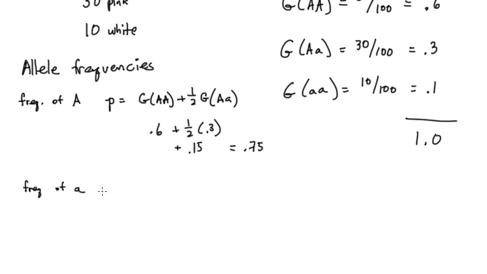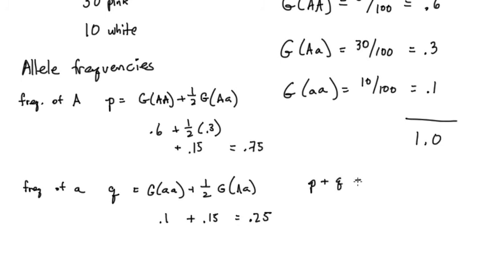The frequency of the little a allele will be represented by a lowercase q, and it's the genotype frequency of little a plus half of the genotype frequency of the heterozygotes. 0.1 plus 0.15, 0.25. So p is equal to 0.75 and q is equal to 0.25. Like all frequencies, they need to add up to 1, and they do.